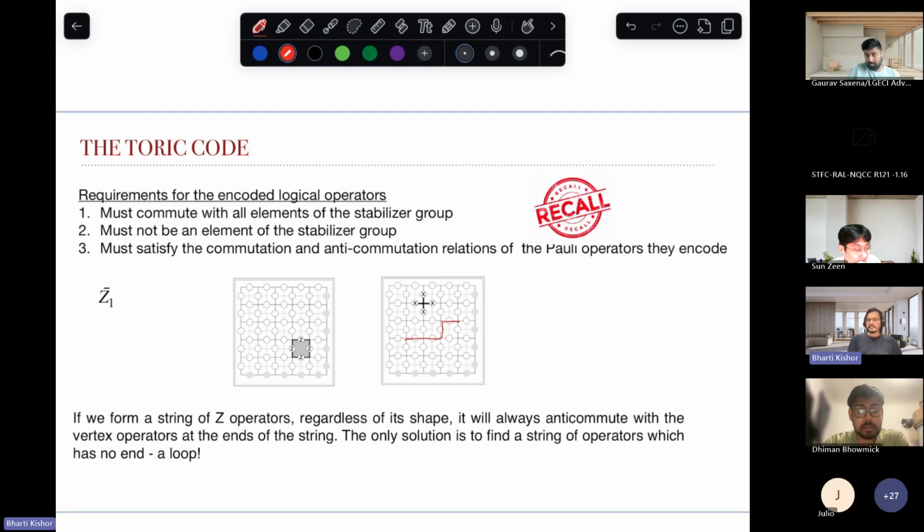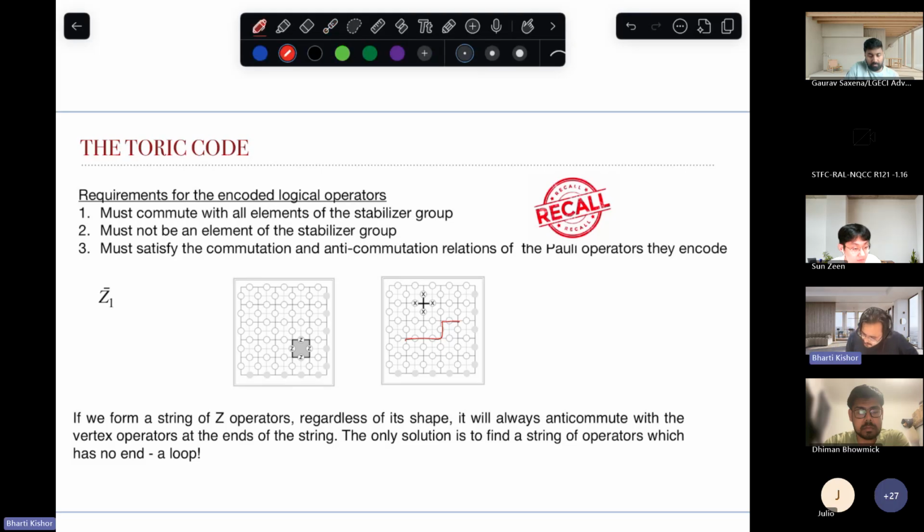Obviously, this string will commute with your Z operators, but at the end of the string you will have a vertex operator, and it will anti-commute with the vertex operator at the end of the string. So whatever string you have, at the end of the string you will have some vertex operator, and those will anti-commute, and we don't want it.